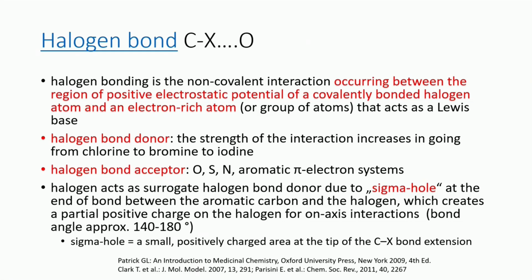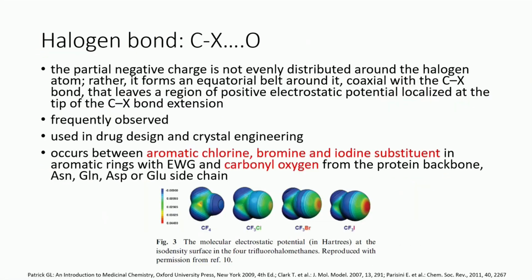I will show some pictures in the last row of this slide. You can see the definition of the sigma hole. It is a small positively charged area at the tip of the C-halogen bond extension that is then able to interact with oxygen, sulfur, nitrogen, or some aromatic systems.